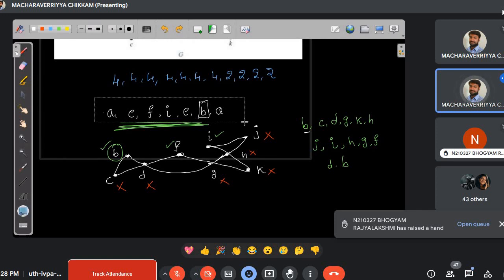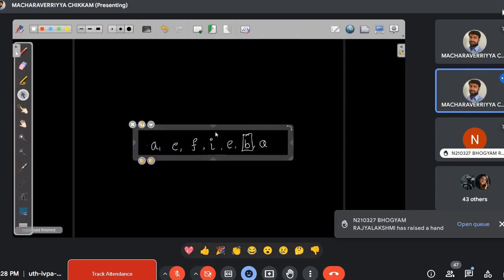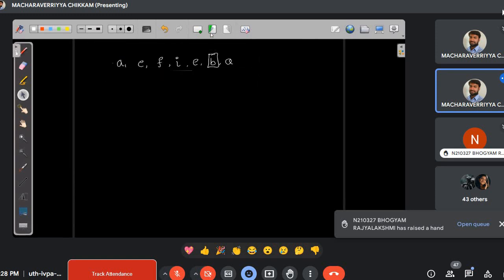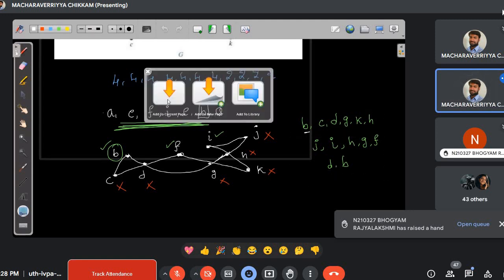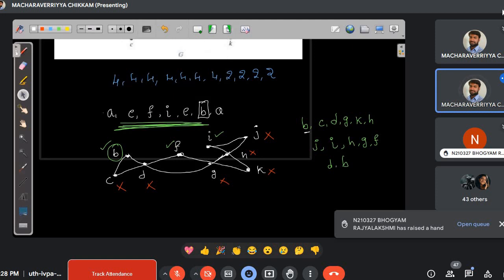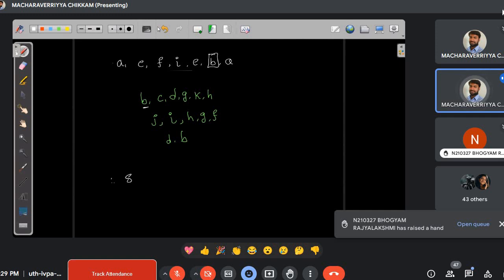So for that, let me take this. This is the first one we have taken, and the other one that we have taken is this. Now the simple circuit, or Euler circuit, is A, E, F, I, E, B. Now in place of B, we need to write this entire circuit. Let me write with a different color.